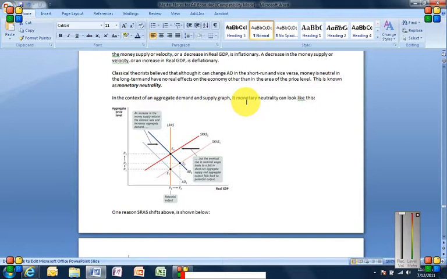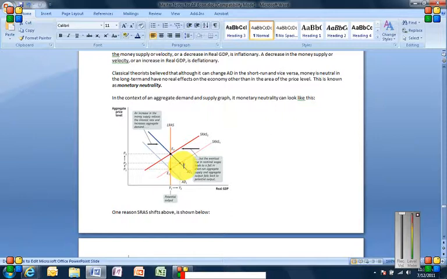So here's an example of monetary neutrality in theory. All right, so we're kind of taking it a step further than the visual further up on this page. AD shifts to the right, but especially if we happen to get to some kind of a gap, like an inflationary gap, there are going to be changes where if wages and prices are flexible, SRAS is going to shift back to the left, the economy is going to fix itself, and even that change is not going to last.